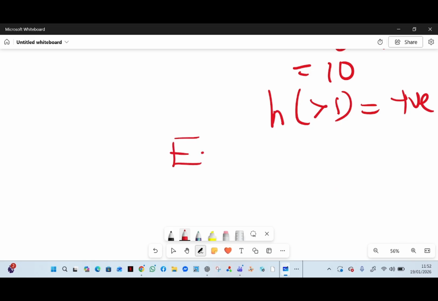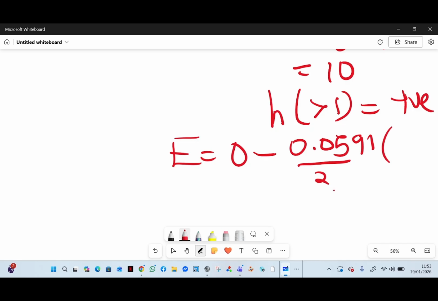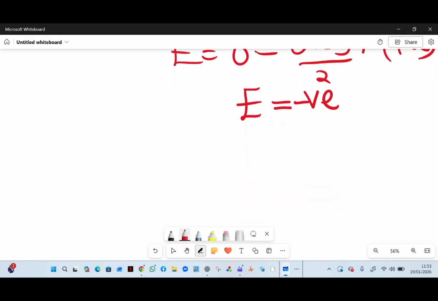E will now be equal to 0 minus RT, which we can simplify to give us 0.0591 divided by 2 being lead, and then this portion becomes a positive value, meaning that the EMF will be negative, which means that the system cannot work, but the surrounding will work on the system. So this will become non-spontaneous.